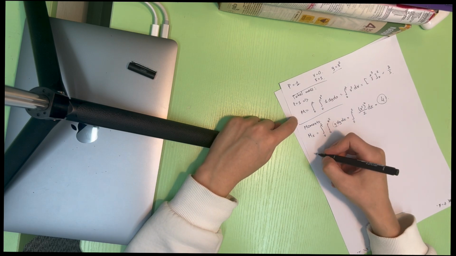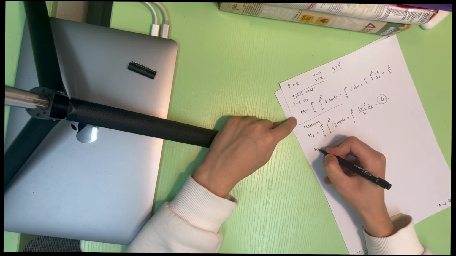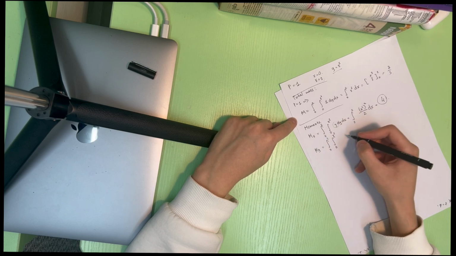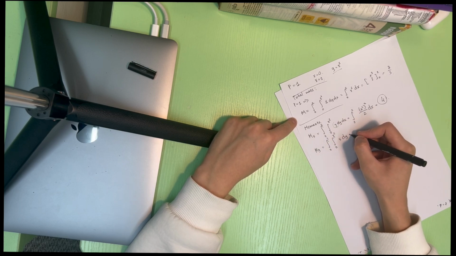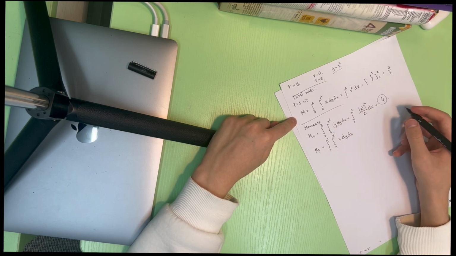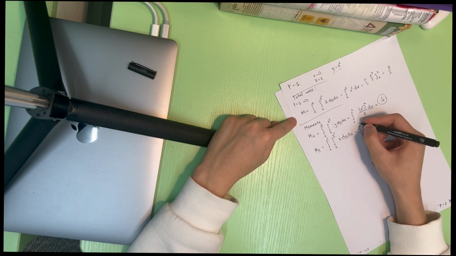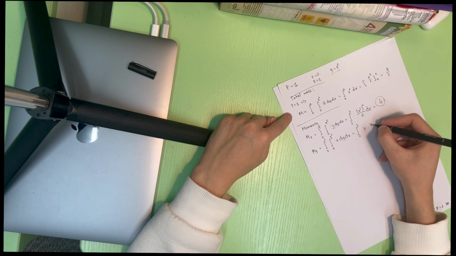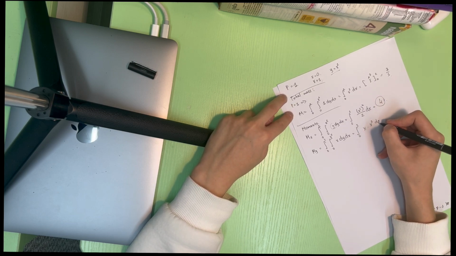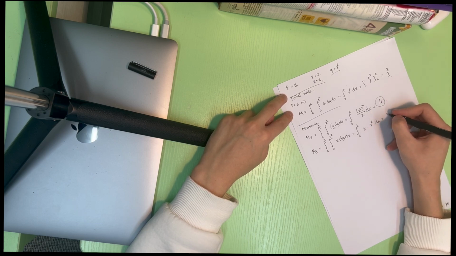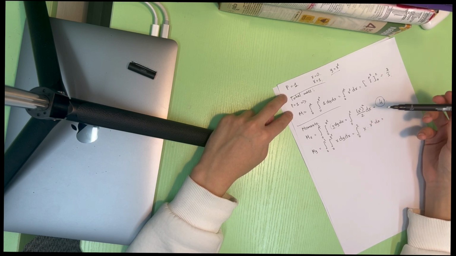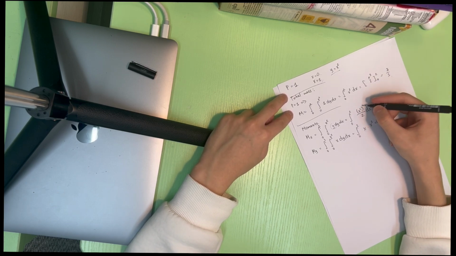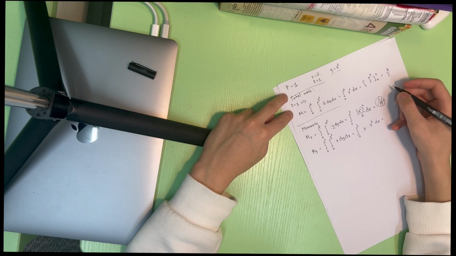About the y-axis, so My. From 0 to 2, from 0 to x squared, x dy dx, equals the integral from 0 to 2 of x multiplied by x squared dx. I messed up with this, I forgot to do the integration.